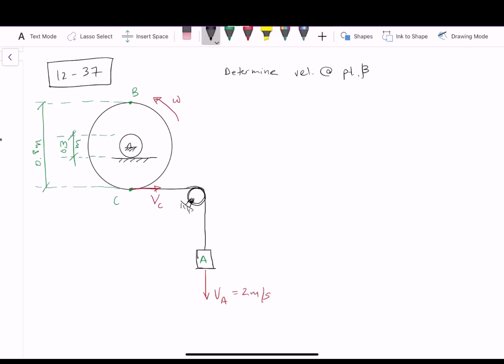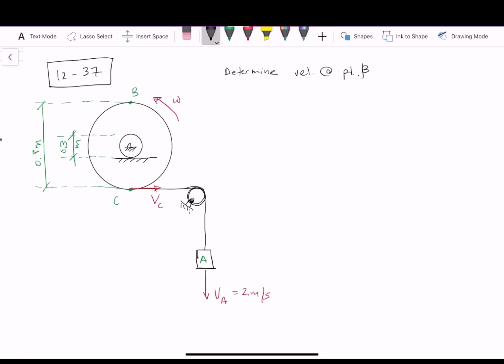That's why I created this intermediate point, named point C, and indicated a velocity at point C, just to show you how these two are connected. We do have this wheel, so it's sort of like a double pulley system here, and the cable connecting these 2 pulleys obviously has points of contact, especially at point C here.